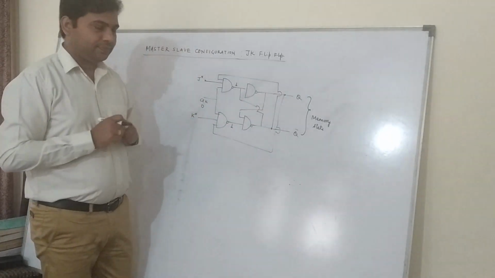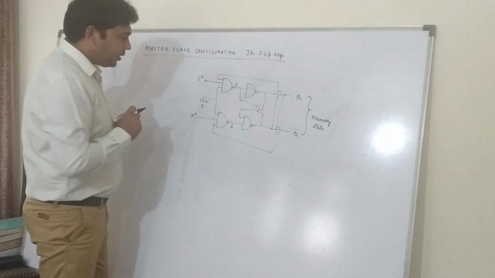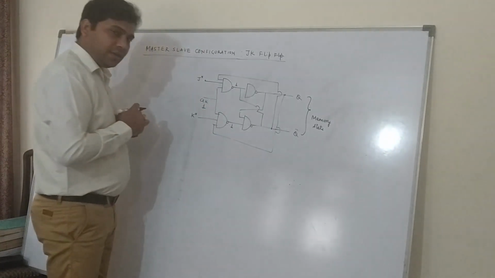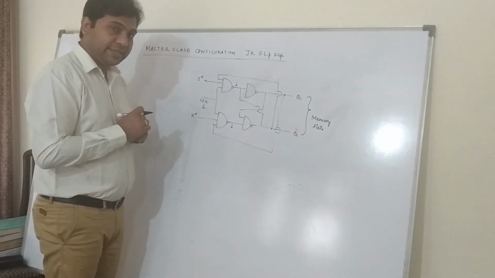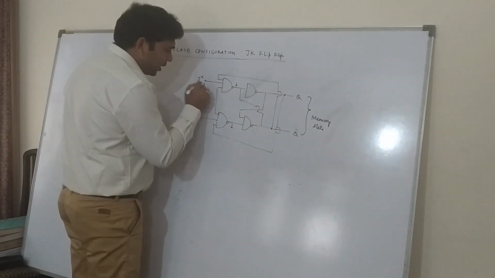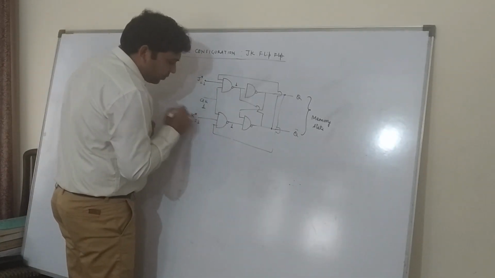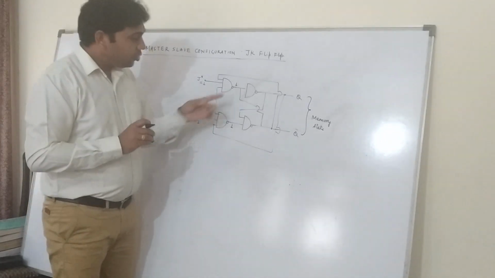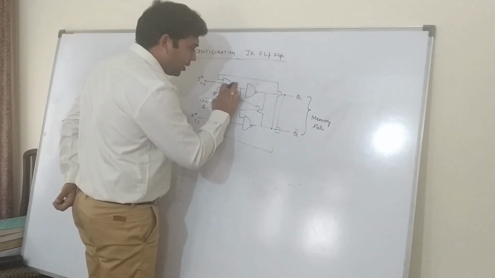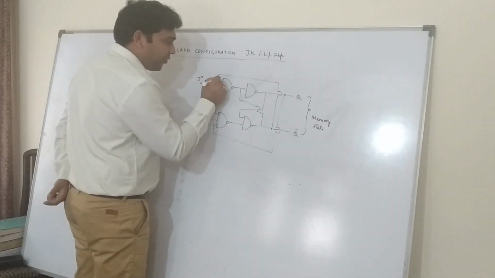No problem. What will happen if this is 1? Okay, so now I am explaining the racing condition. If this is 1 and this is also 1 and this is also 1, what will happen? The output here will depend upon this feedback.